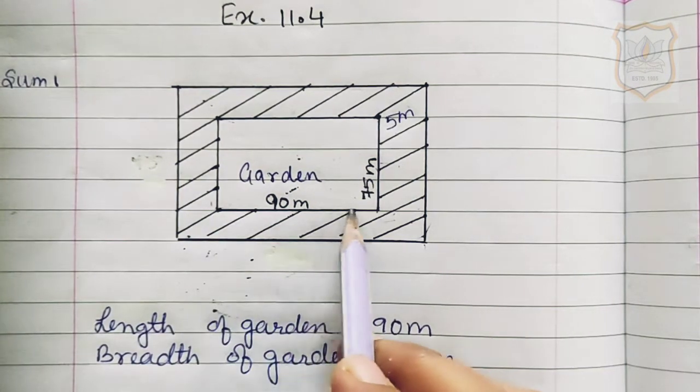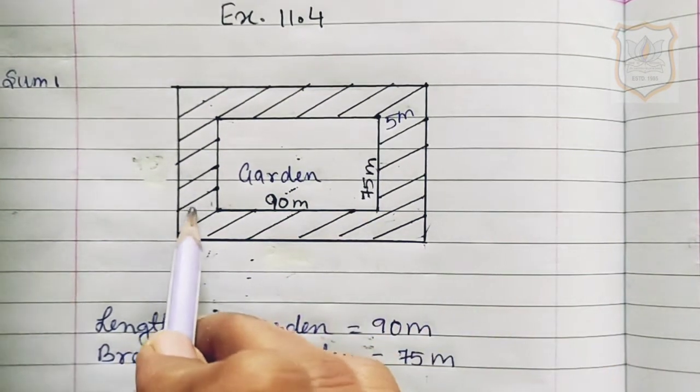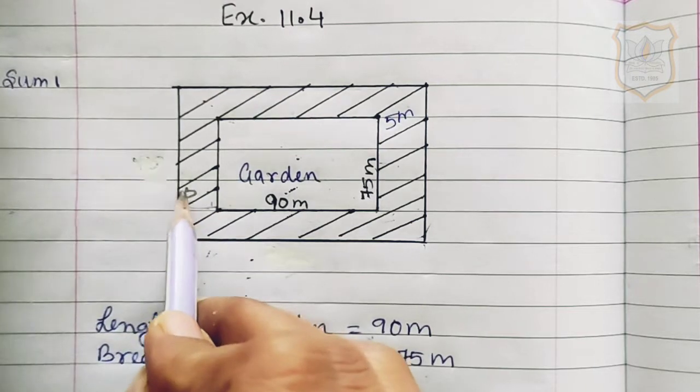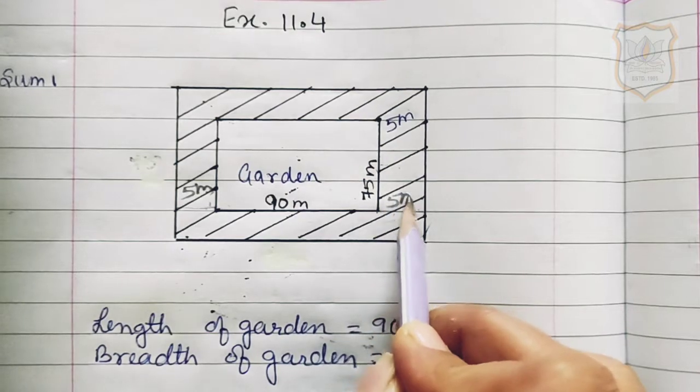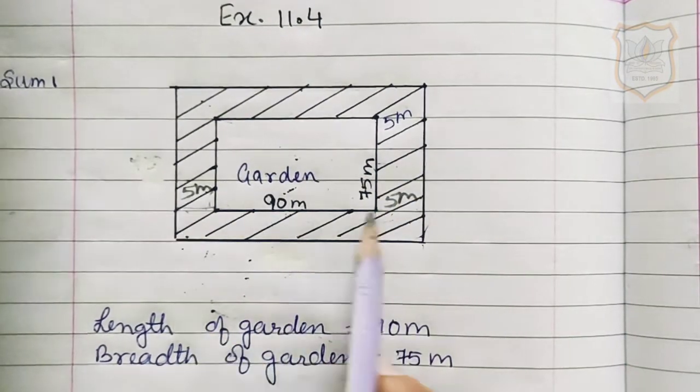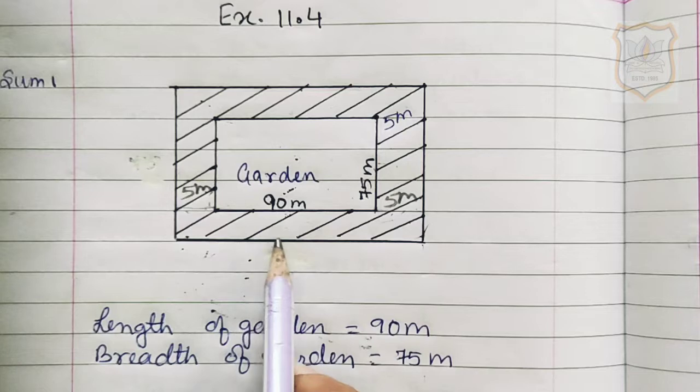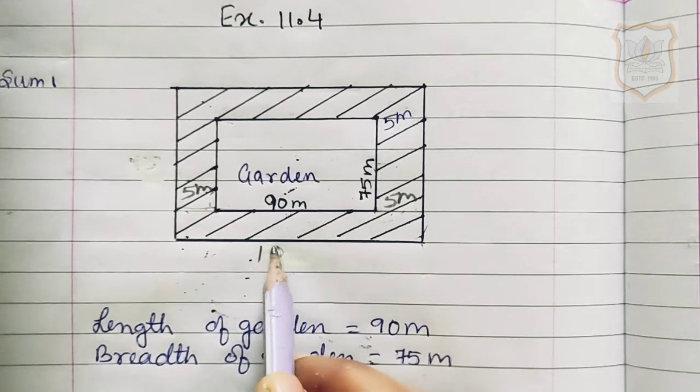So 90 plus 5 plus 5. So the length of this side will be 100 meter.